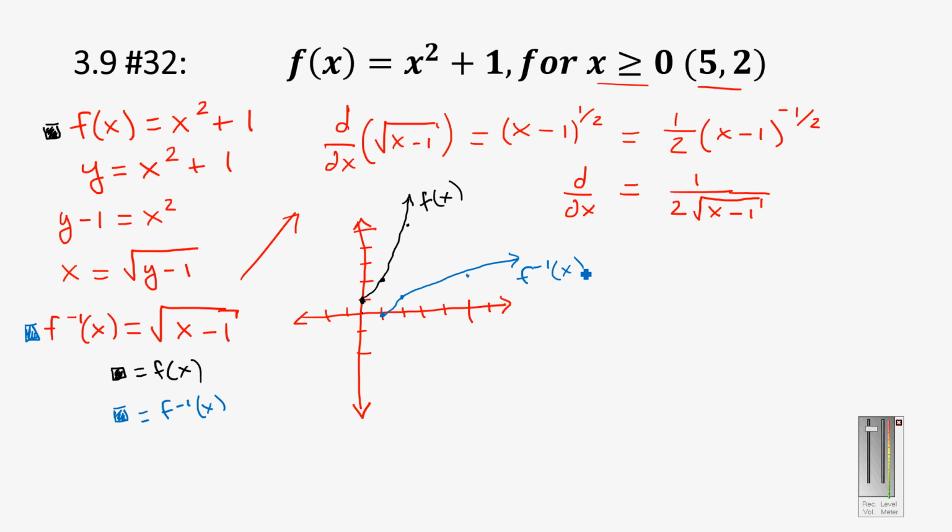And really that last step was we needed to find the derivative of the inverse function at the specified point on the graph. So I'm going to go back to my, actually I can stay here probably. When x equals 5, which is what it is up here, x equals 5. When x equals 5, we can say that y, or f of x, y would equal 5 squared plus 1, which is 25 plus 1 is 26.